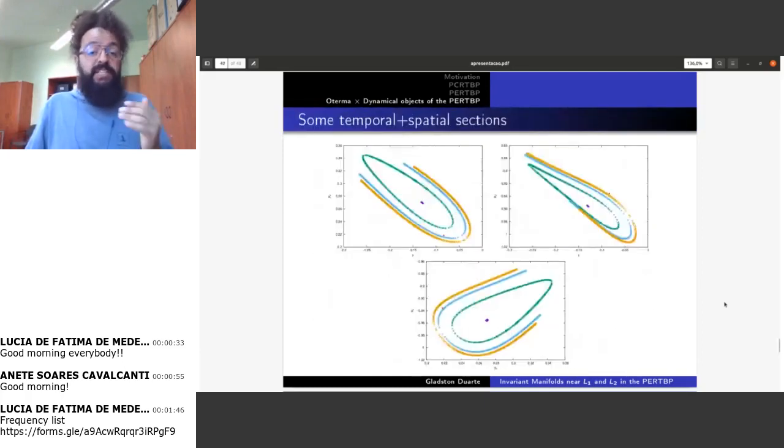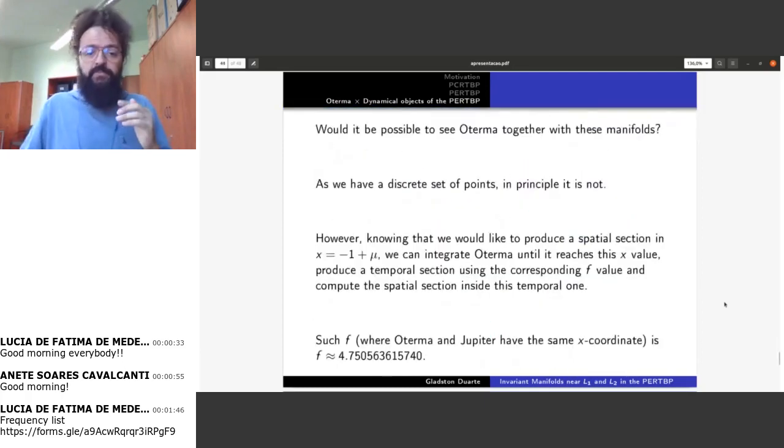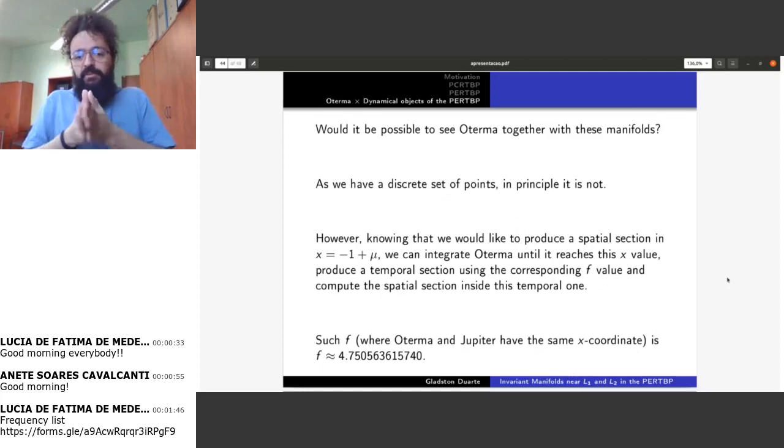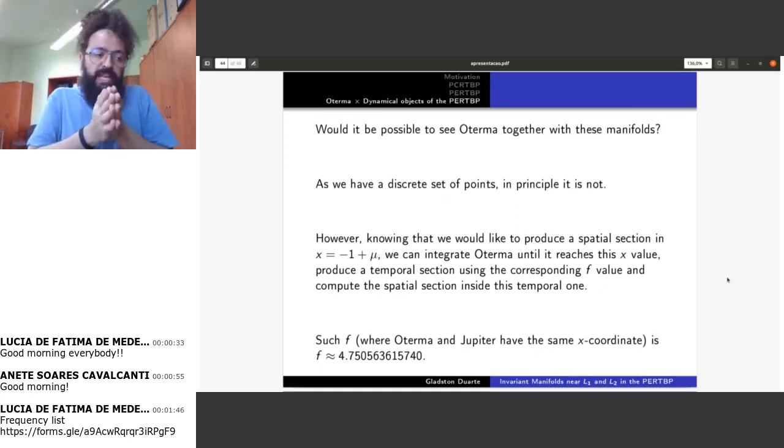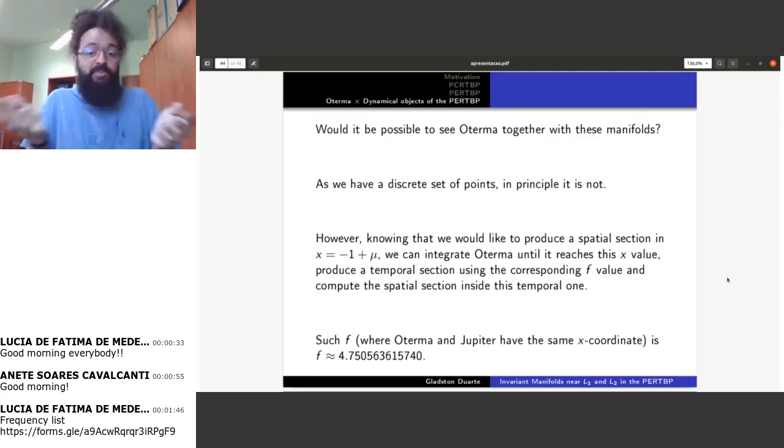Would it be possible to see it? Well, we should take a step back in this case. We wanted to set the number of dimensions of this problem to less and less. We have 5. If we can see 2, it would be perfect, right? But let's take a step back for a couple of minutes. Let's see Oterma and all of these objects in the full 5-dimensional space.